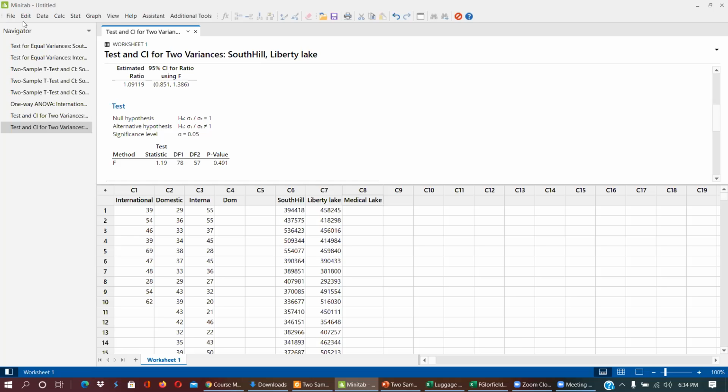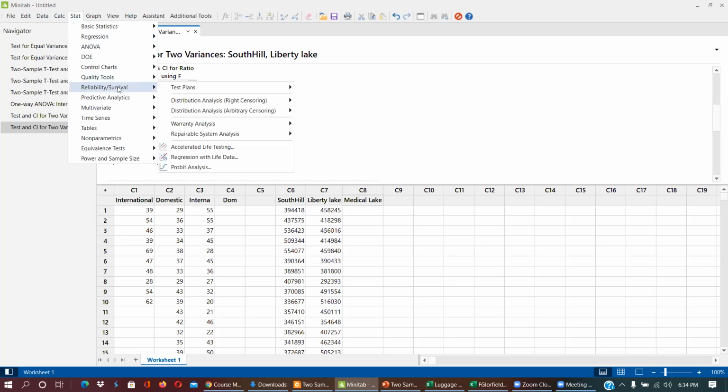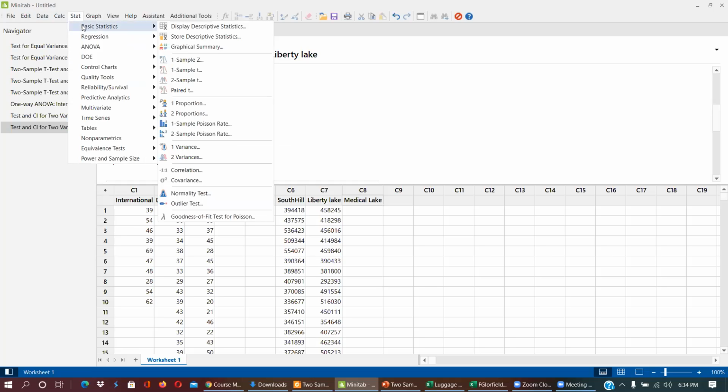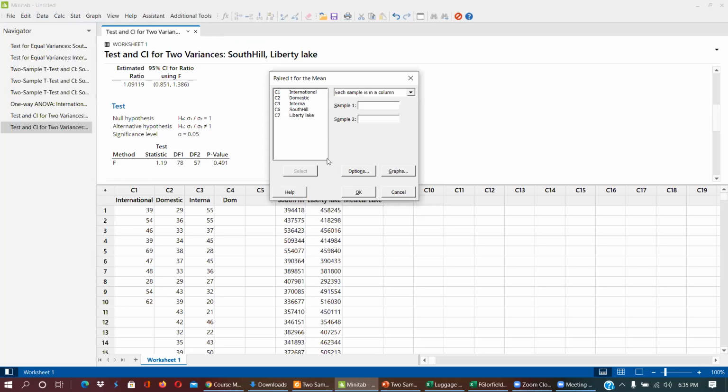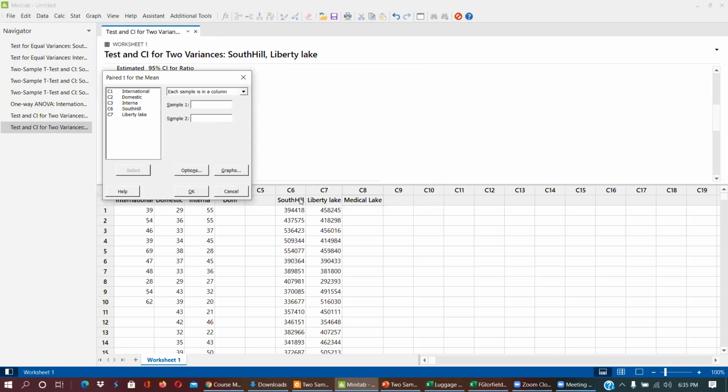That is a case of paired sample t-test. So go to basic statistics and paired sample t-test. For example, South Hill housing prices before COVID and after COVID, which have certainly increased.